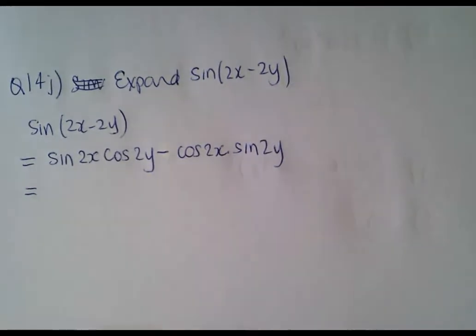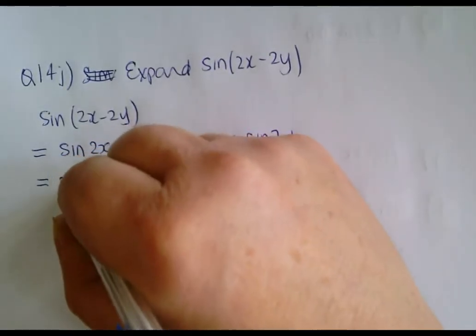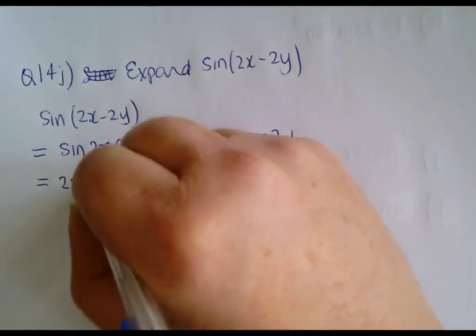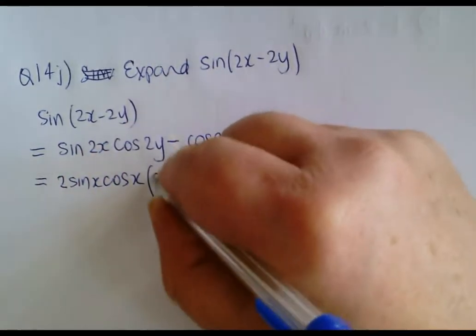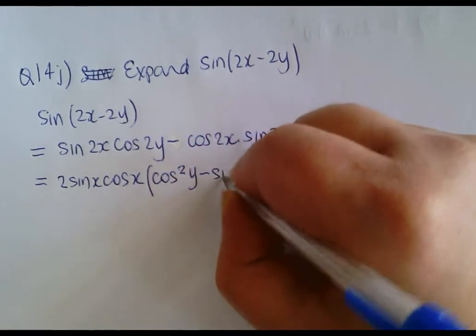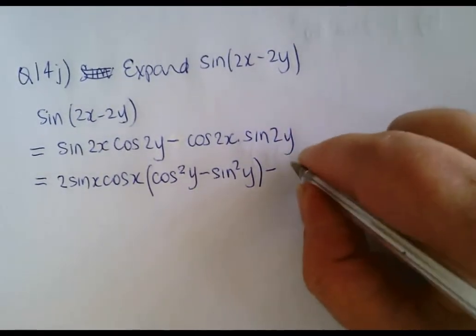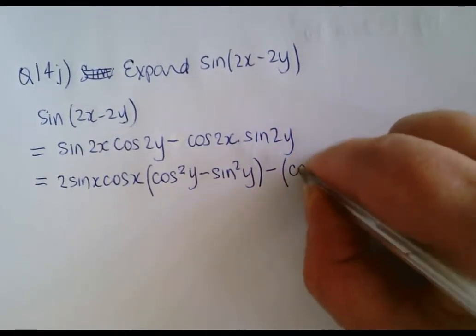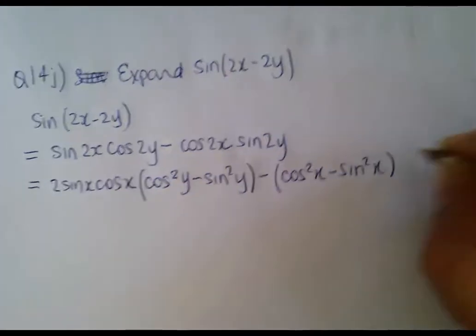So now we need to write the double angle result for sine of 2x and cos of 2y and cos of 2x and sine of 2y. Fun. Do you remember it? 2 sine x cos x. Cos of 2y, we're just going to use the cos squared y minus sine squared y. Minus, let's just use the cos squared x minus sine squared x result.